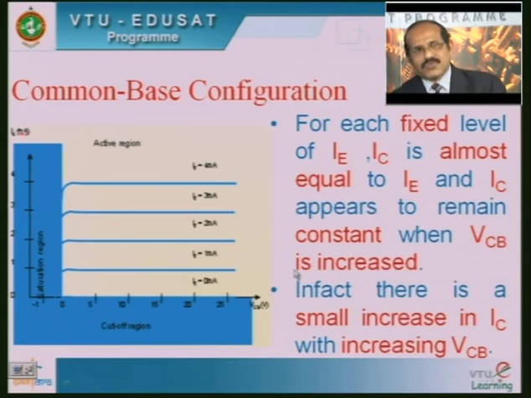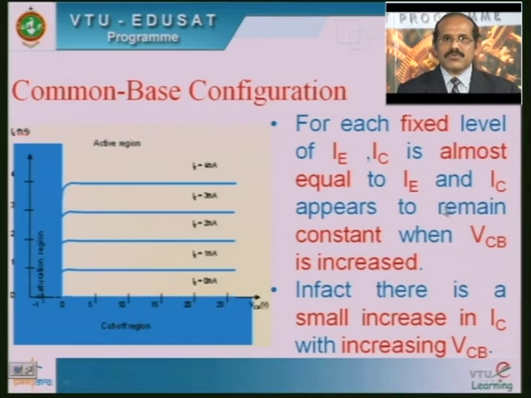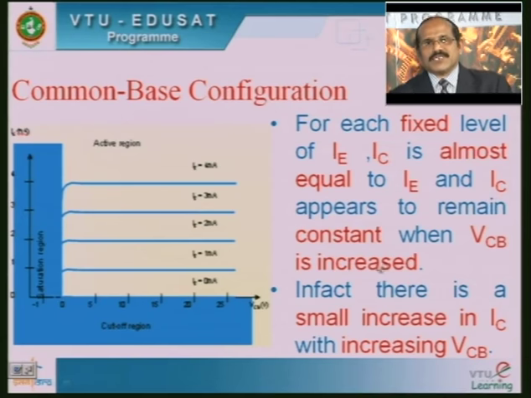Once again, for each fixed level of IE, IC is almost equal to IE. That means IC appears to remain constant when VCB increases. So the output current IC is independent of the output voltage, that is the reverse bias applied across the collector base junction.